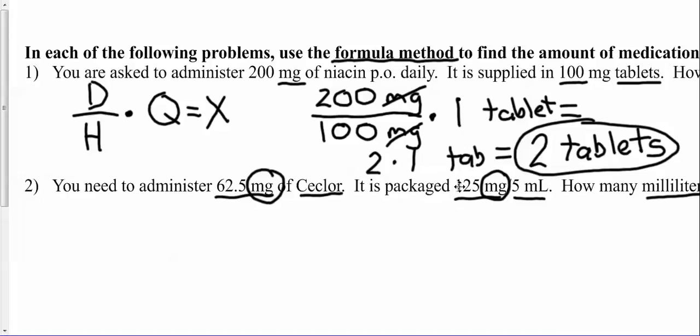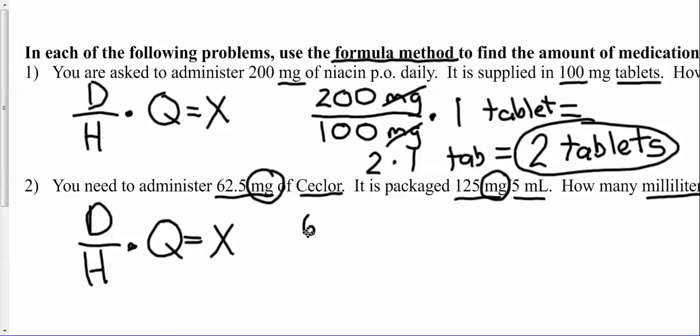Now in step 3, let's calculate and see if our calculation verifies our estimation. So in this problem, what is ordered, or what is desired for the patient to have, is 62.5 milligrams. So that's desired, 62.5 milligrams.